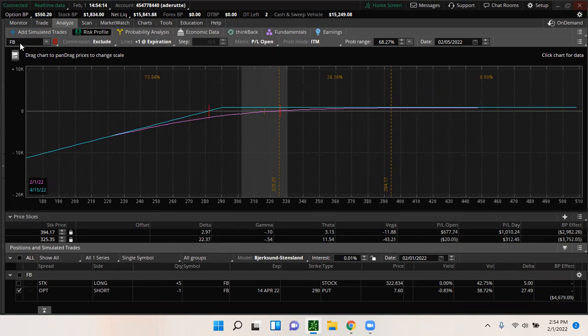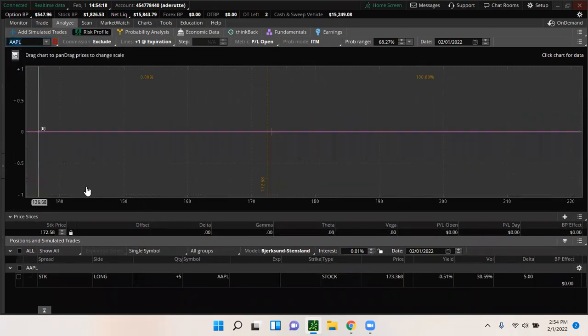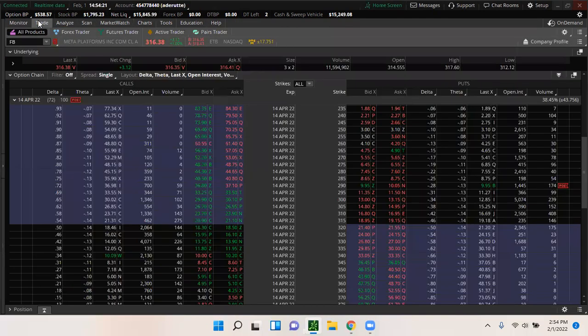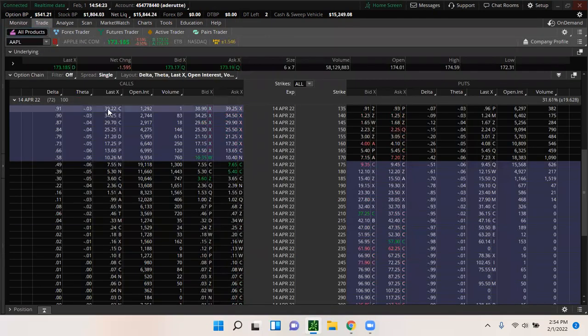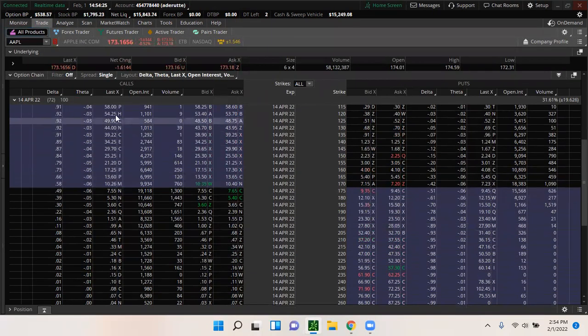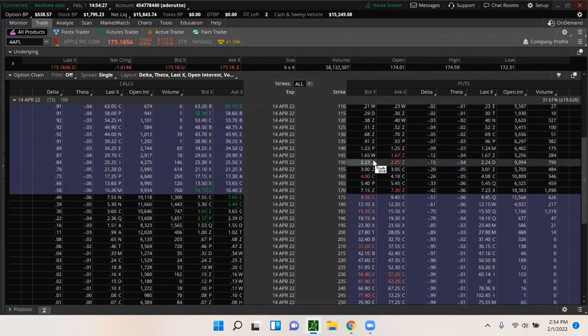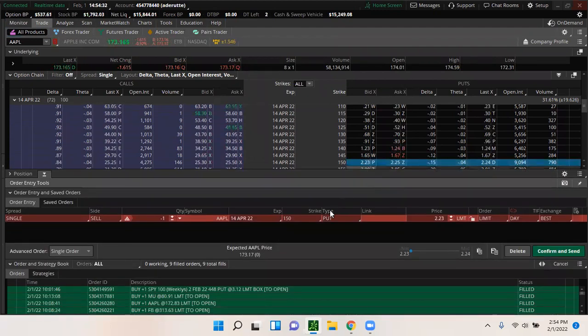And if you want to be a little more conservative, one that I tell people to start out with would be Apple. I don't happen to own Apple, but I'm looking at the option chain now. If you look at April 150, you would make $223 and you would buy Apple at 150.